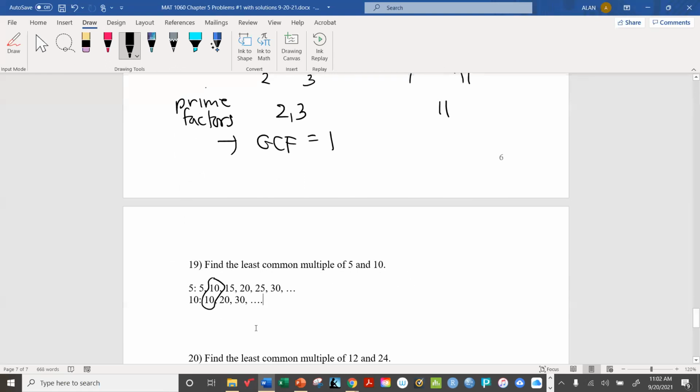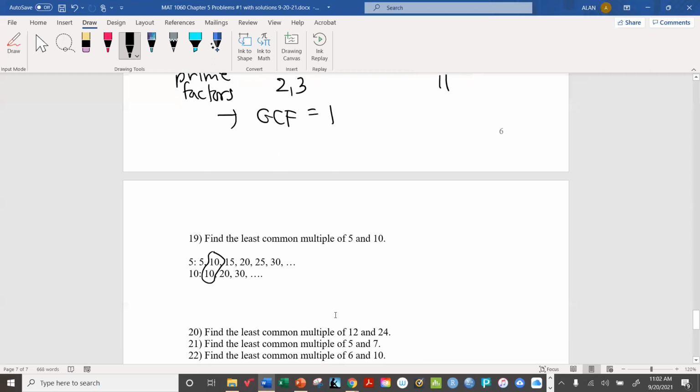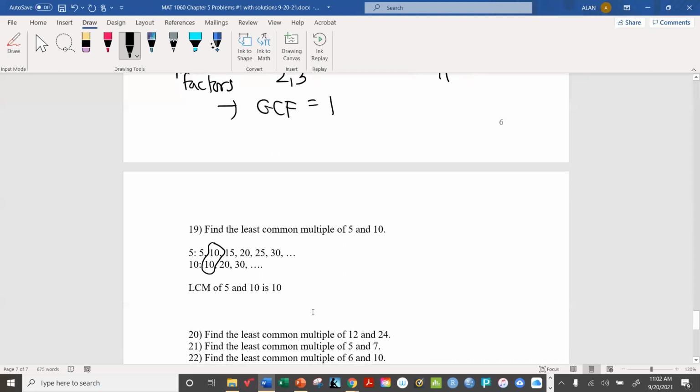All right, so they both share a multiple of 10. That's the smallest one. They also have a common multiple of 20 and 30 and 40, etc. But we're looking for the smallest one. So the least common multiple of 5 and 10 is 10. And sometimes that happens. Sometimes the least common multiple of two numbers is one of the numbers.